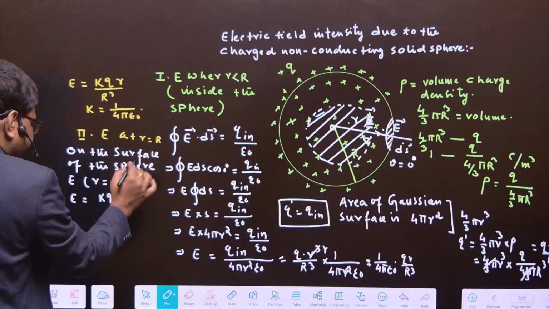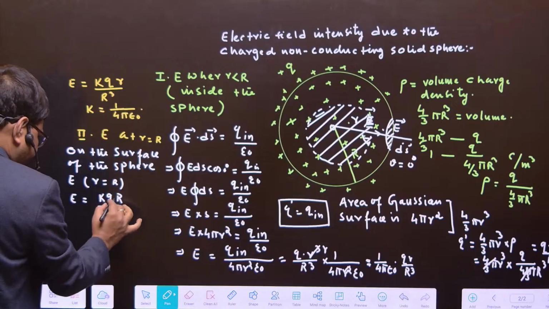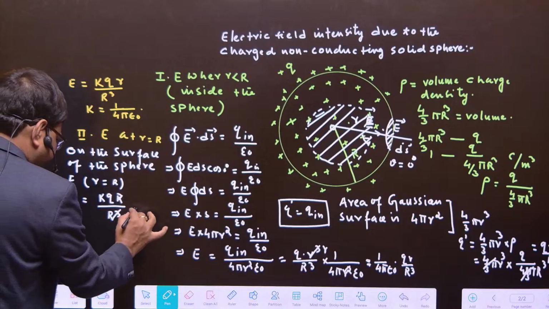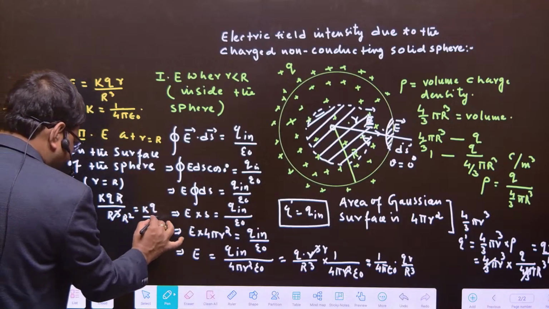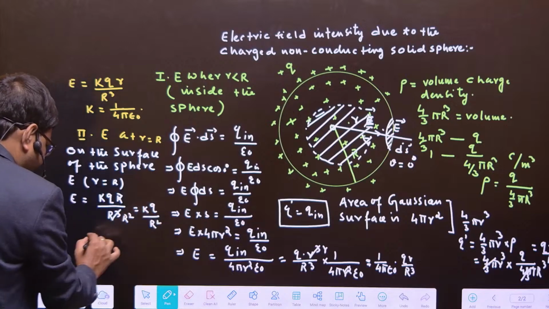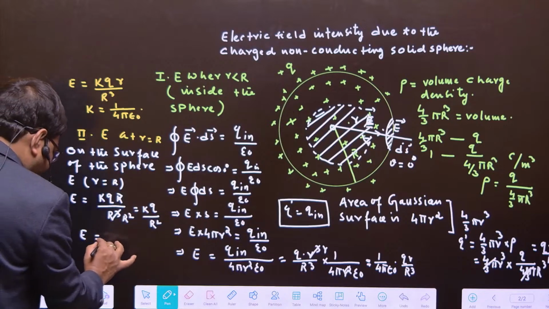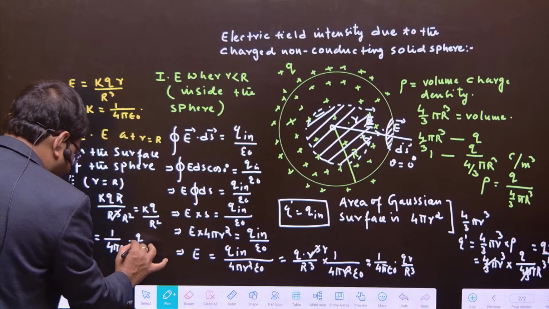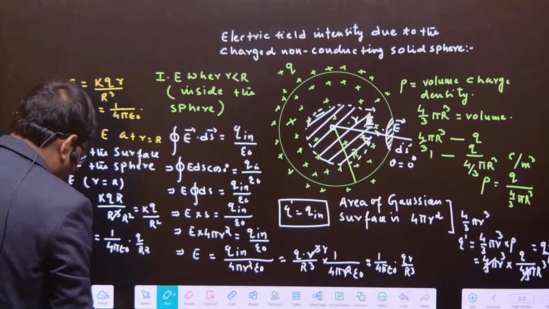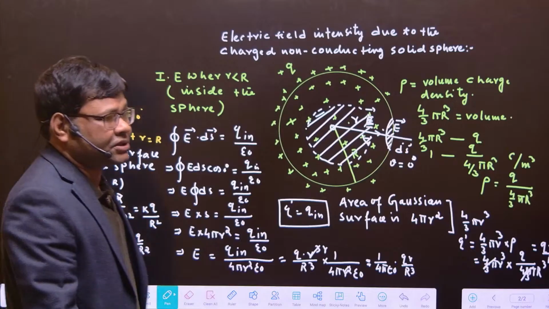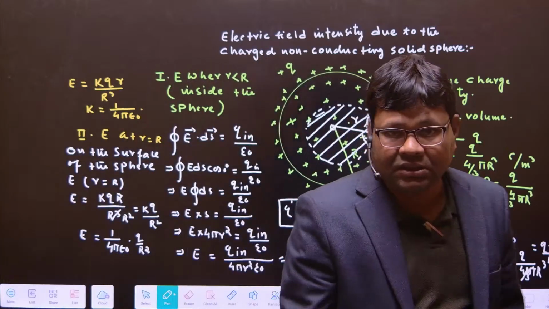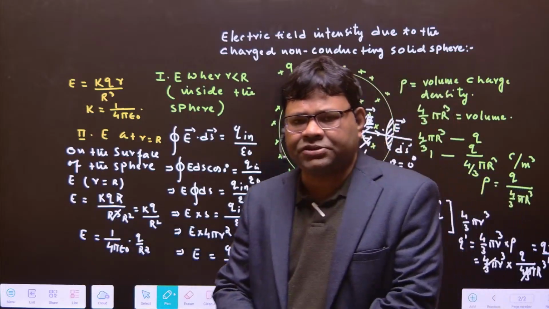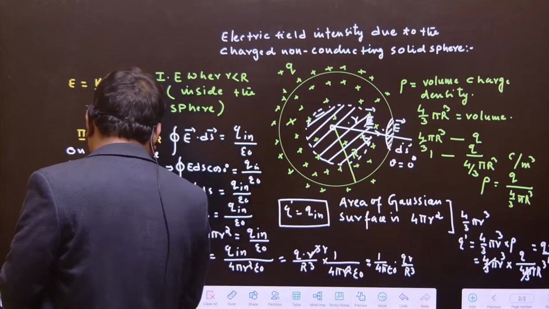Instead of small r, just put capital R. Then R cube and R cancel to R square. Finally, we are getting KQ by R square. And instead of K, put the value 1 by 4 pi epsilon naught, so Q by R square. This is just like the electric field of a point charge; it has come on the surface of the sphere. So we can say this is the electric field intensity on the surface of the sphere.